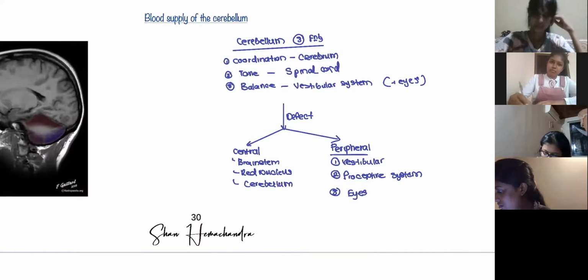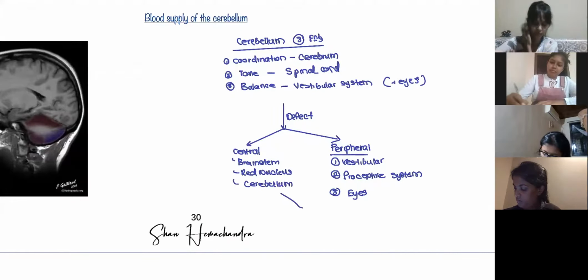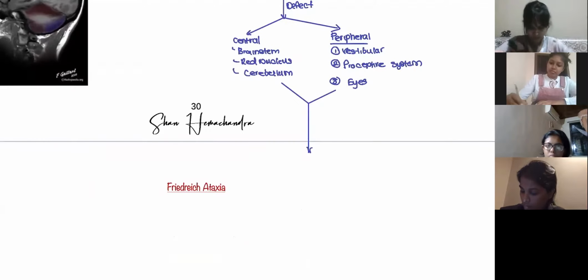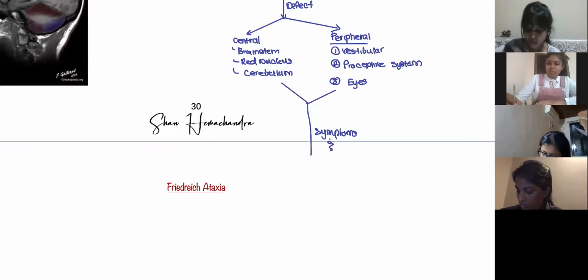If there's a defect, it leads to two symptoms. One is vertigo. Guys, we need to separate the symptoms and signs.